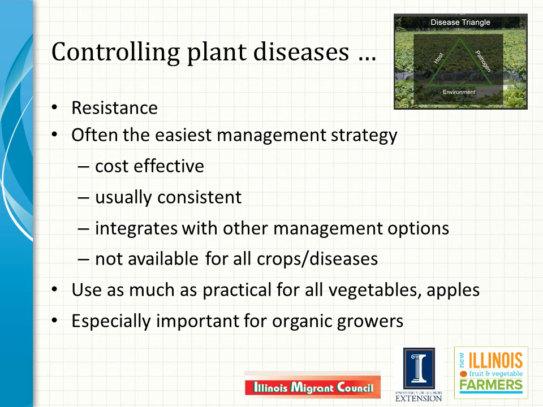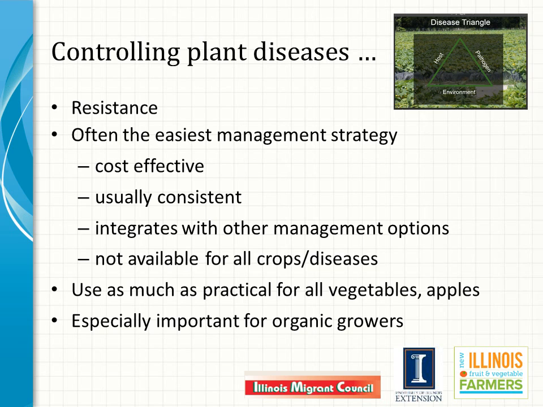Using disease-resistant varieties is often a key step in disease management for fruits and vegetables. Resistance is often the easiest management strategy. It's cost-effective, generally consistent, and easily integrated with other management options, but resistant varieties are not available for all crops and all diseases of those crops.